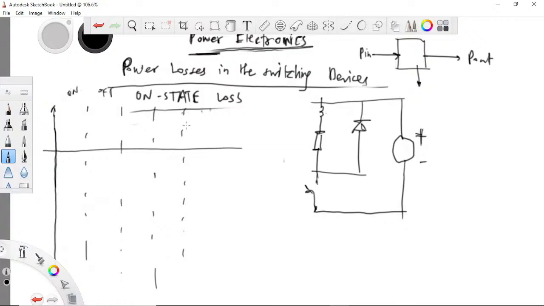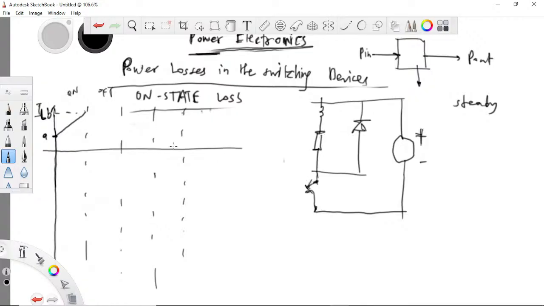In the on state, we see that what? First I'm looking at the inductor current. In the on state, the inductor is conducting. The current in the inductor will rise, not from zero because we are in a steady state, but from a certain value, let's say A, and it will rise to a certain value B in the on state.